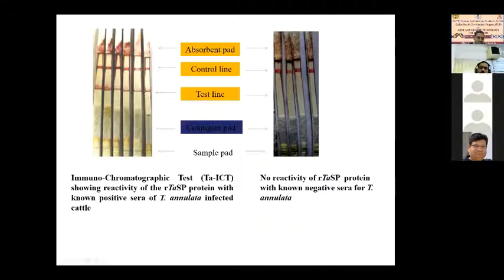This was taken when it was a little wet, so the gold appears very red, showing reactivity for Theileria annulata detection, and no reactivity against the negative sera. This is the fourth organism, of a parasitic nature, which has been detected on these lateral flow assays. Next, please.